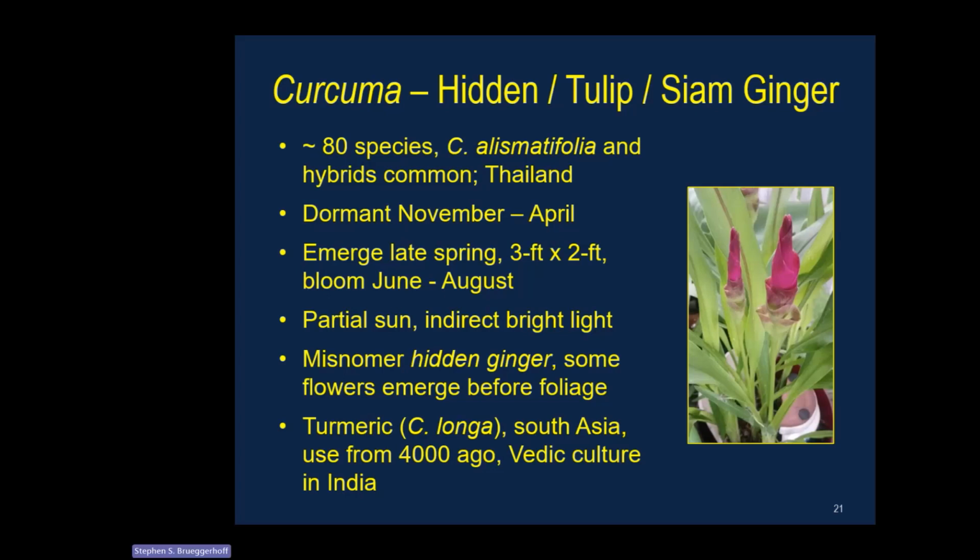They have a low profile, about 3 foot tall by 2 foot wide. They'll begin blooming for us as it gets warmer, so anywhere from late May, early June, all the way into August. You can grow these in indirect bright light, partial sun.